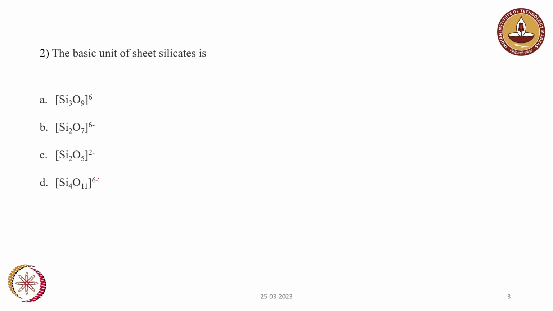In the previous question we have already seen that sheet silicate has the Si4O10 unit, or else it can be (Si2O5)n. So option C is the answer.